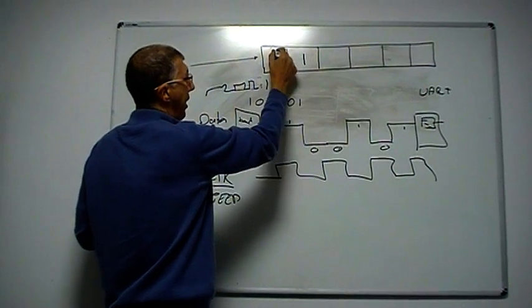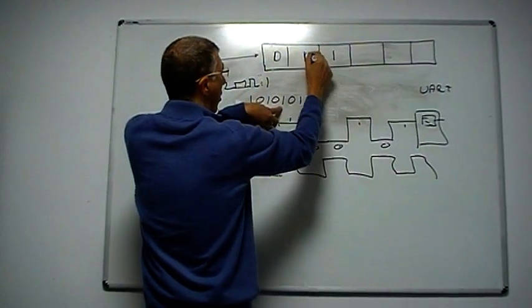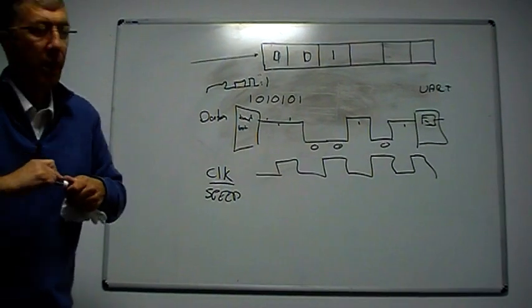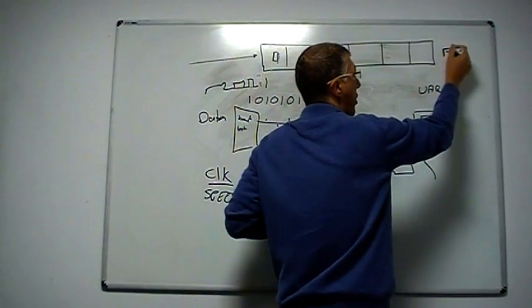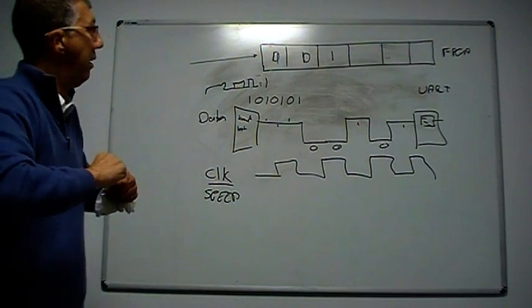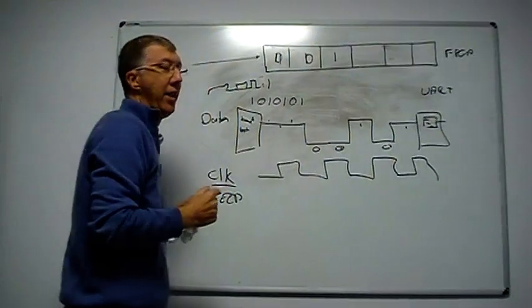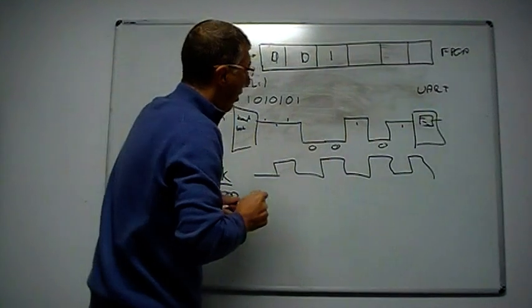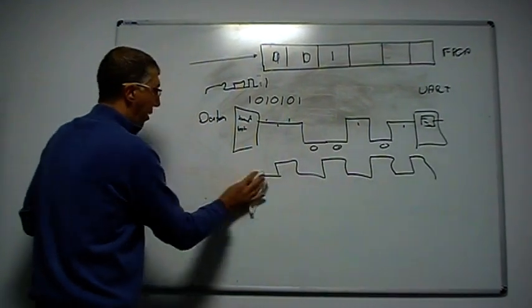So the one moves there, that could be a naught, as we've got here. Then it moves across one more until all the data is into the shift register. Once it's in the shift register, in our printers, the shift register is housed in the FPGA. Could be housed anywhere else. That data is in there, and that data now comes out and is used by the printer. But how do we now work out how to send data in, and how do we work out the clock cycles for this?